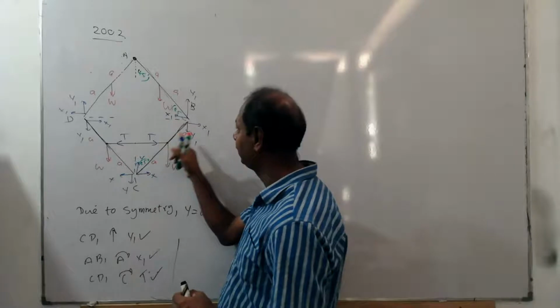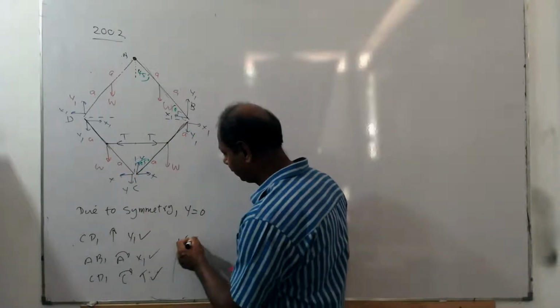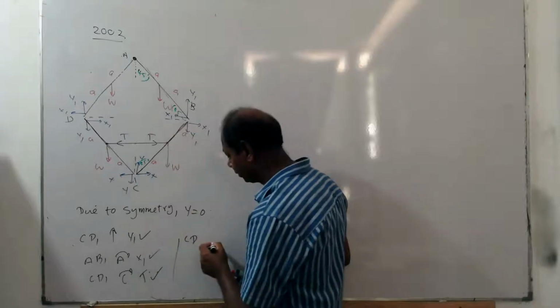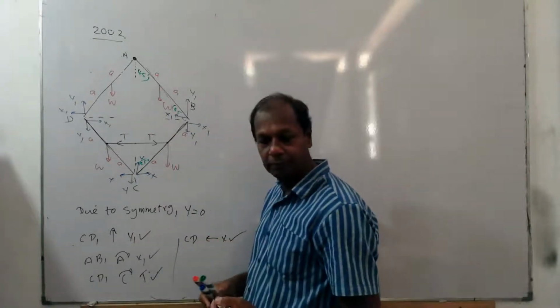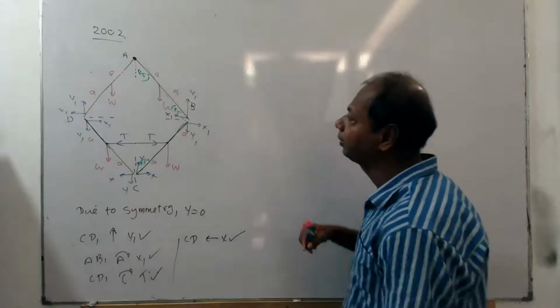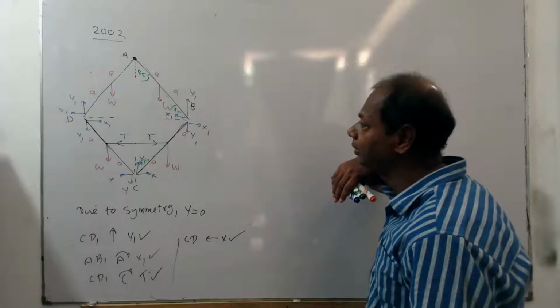Now knowing T and x1, for CD, resolve horizontally, you will get x. It's a plan. And let's see whether there is anything better that we can do.